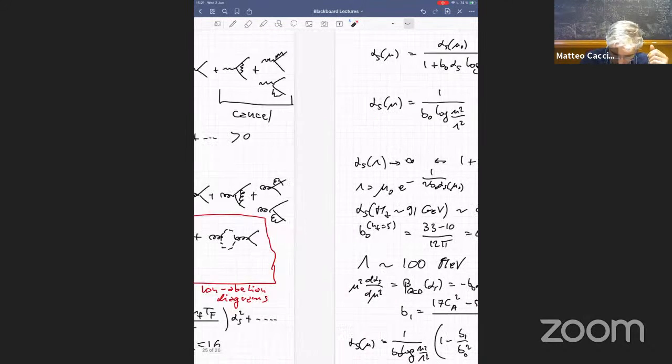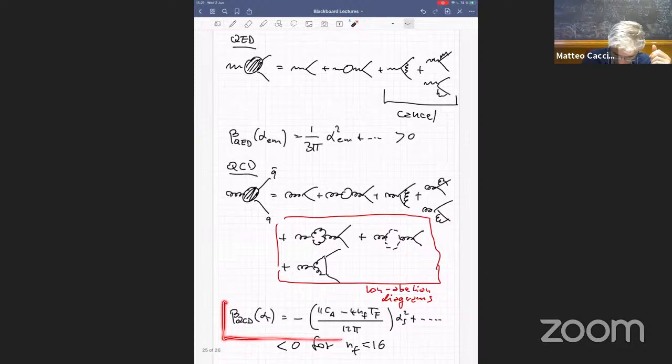This particular result that you have here was calculated for the first time in 72 or 73, I think, by Gross, Wilczek, and Politzer, who for this got the Nobel Prize about 20 years ago, or 2004, something like this.